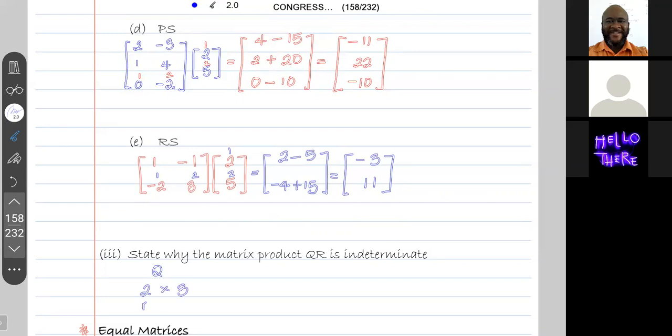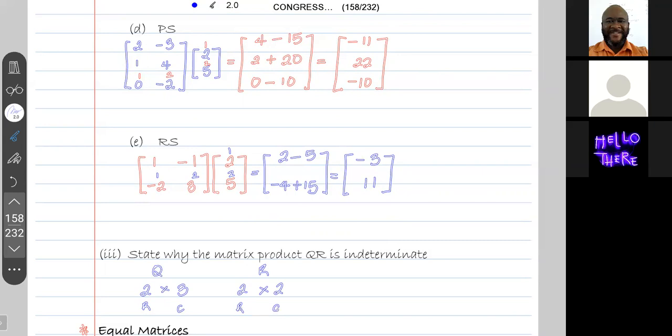This is row by what? Column. And R is a 2 by 2 matrix. This is row and this is what?